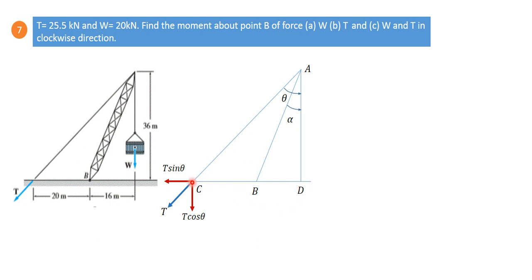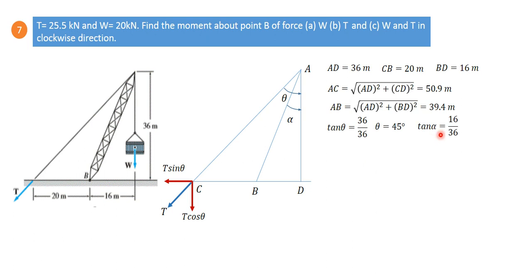Or another way is to resolve T into two components, T sin theta and T cos theta. T sin theta will pass through point B about which we need the moment, so it will be 0, and only the T cos theta component will be there. So now calculations can be done like this.